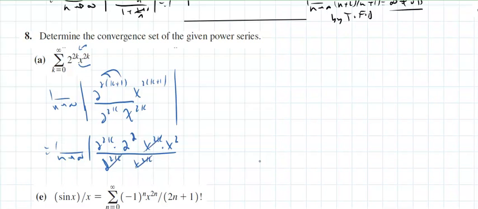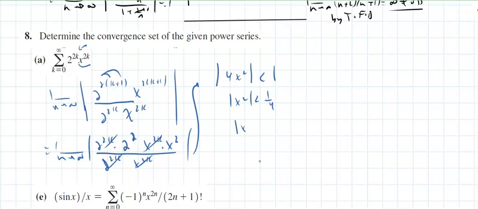These cancel out, these cancel out. You're left with the absolute value of 4x squared, and you want that to be less than 1, which indicates that you want the absolute value of x squared to be less than 1/4. And if you square root both sides, you're looking at the absolute value of x being less than 1/2.